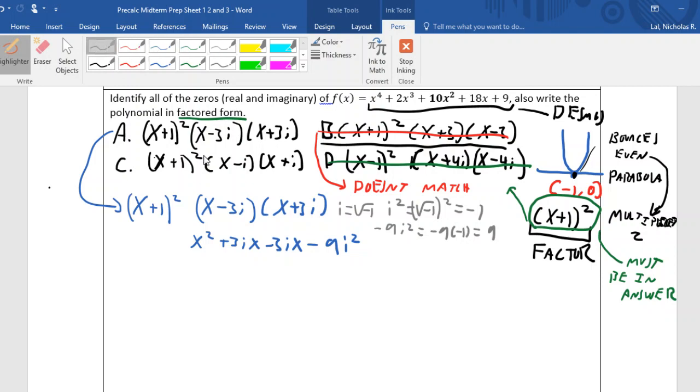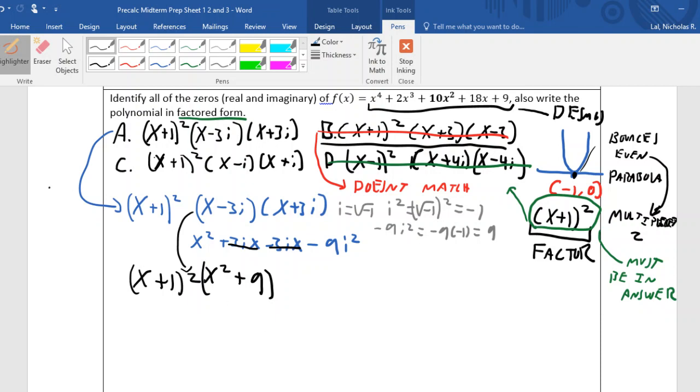So when we simplify this, negative 3ix and positive 3ix cancel out. So if negative 9i squared is just 9, this becomes x squared plus 9. So now in factored form this becomes x plus 1 squared times x squared plus 9.